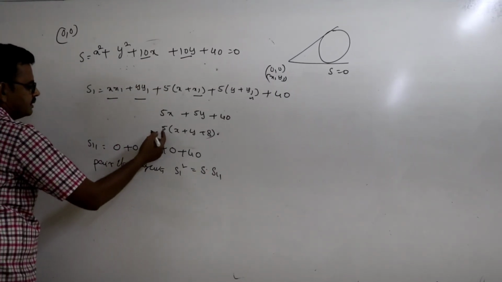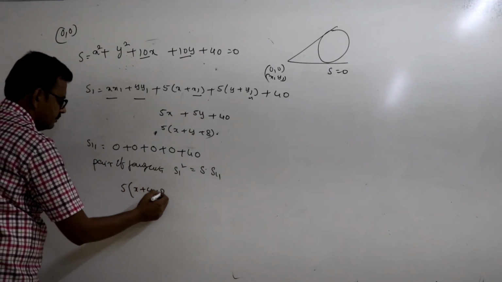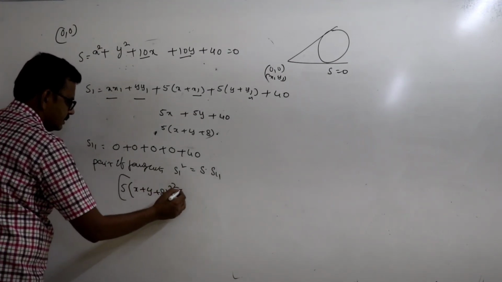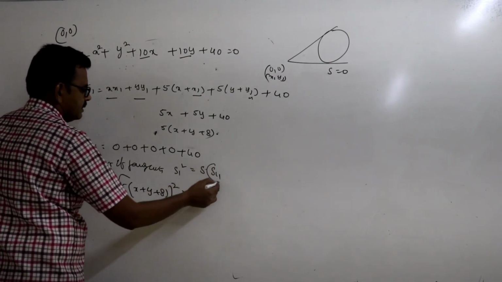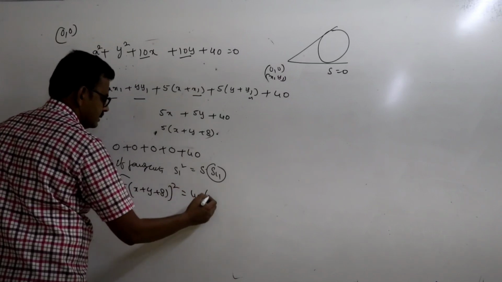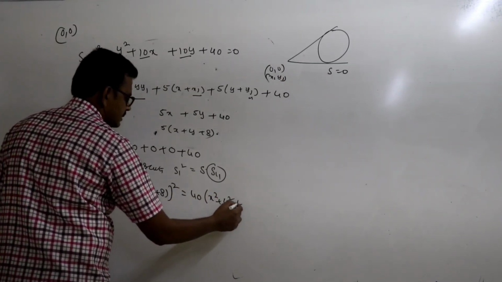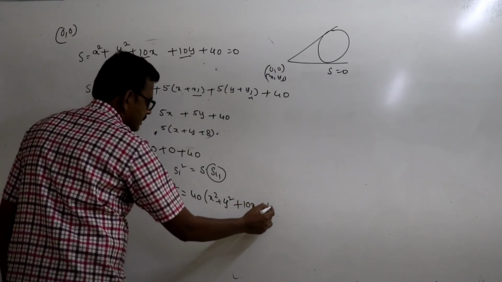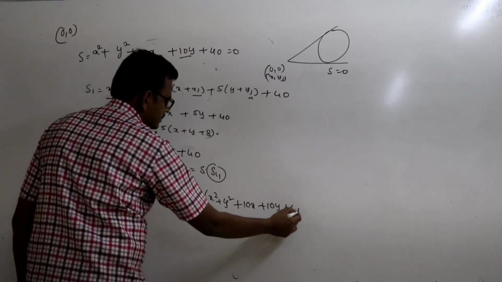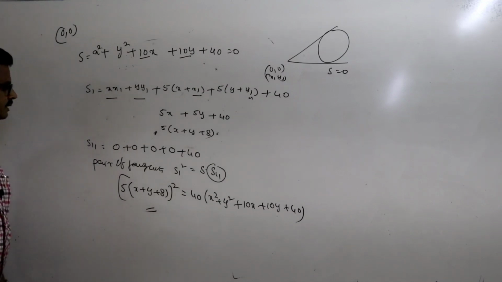S1 square is 5 into (x plus y plus 8) whole square, which is equal to S11, that is 40, into S, that is x square plus y square plus 10x plus 10y plus 40. By simplification you will get the complete equation.